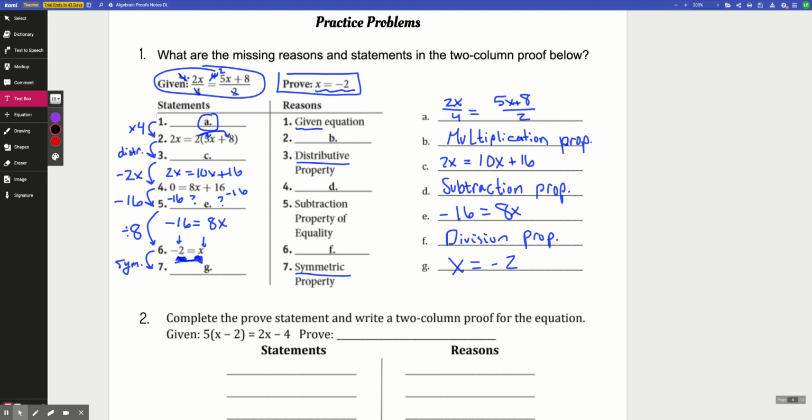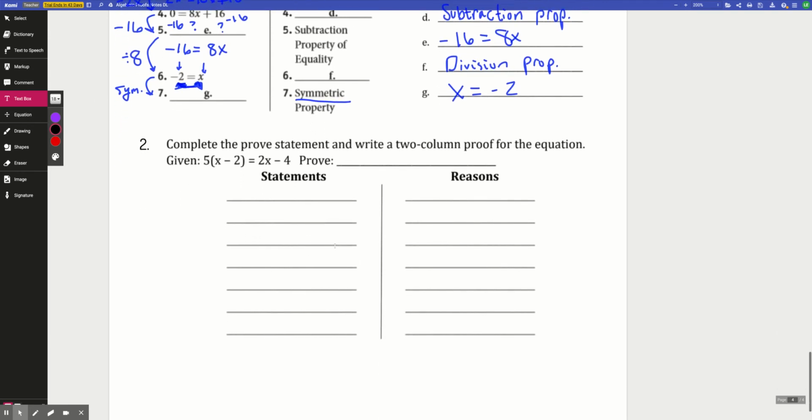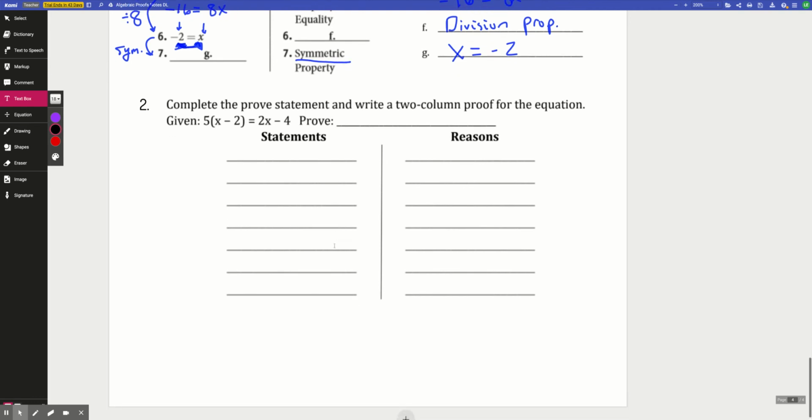It essentially shows the work that you do, so that whatever I write on the side, that's where the reason is headed for that next statement. So you can do that if you want to, if it's a tool that you think will help you, especially as you're learning, but you may not need it as you get better at doing these proofs.